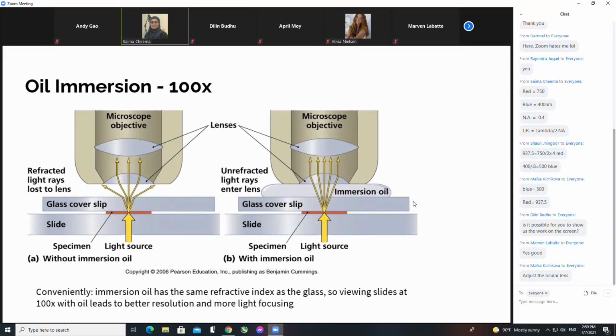And the way light works is that every time it changes the medium through which it travels, it will disperse. Some of the light waves will bend, they will change their path, and because they change their path, those light rays will not enter the objective lens, they will be lost, okay?